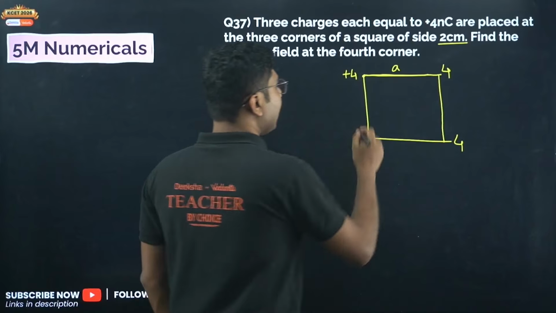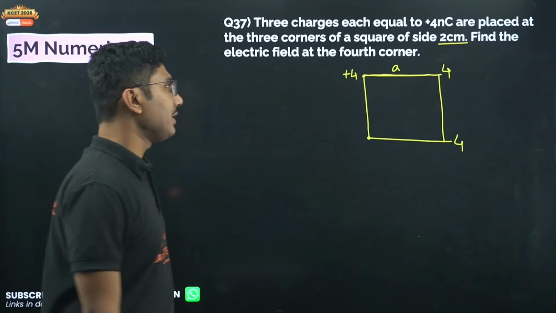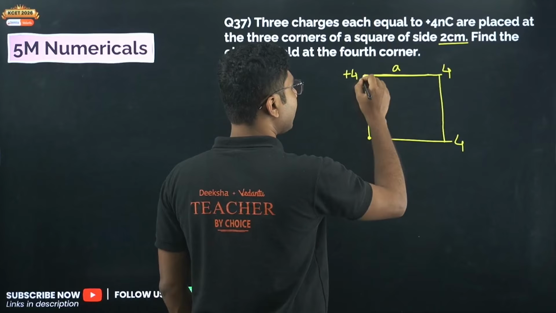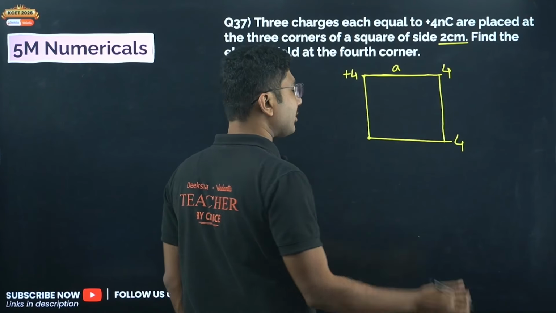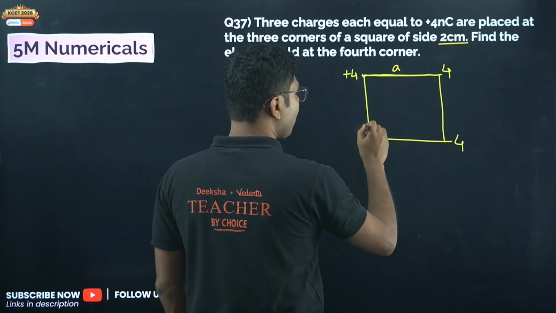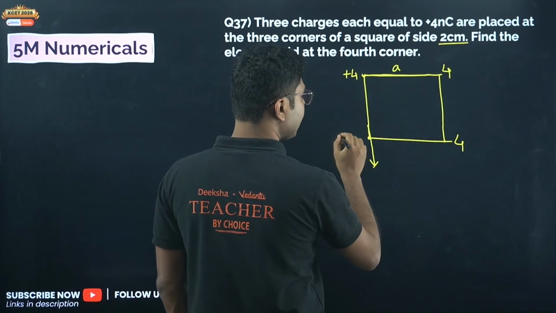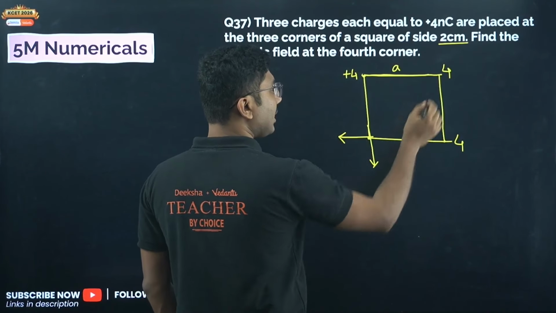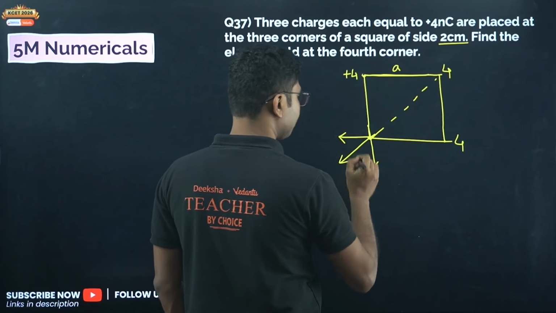Now, how to calculate electric field due to multiple charges? You have to calculate the electric field due to the individual charges and then add them vectorially. So electric field due to this 4 is along this direction. Electric field due to this 4 is along this direction, and electric field due to this 4 is along this direction.